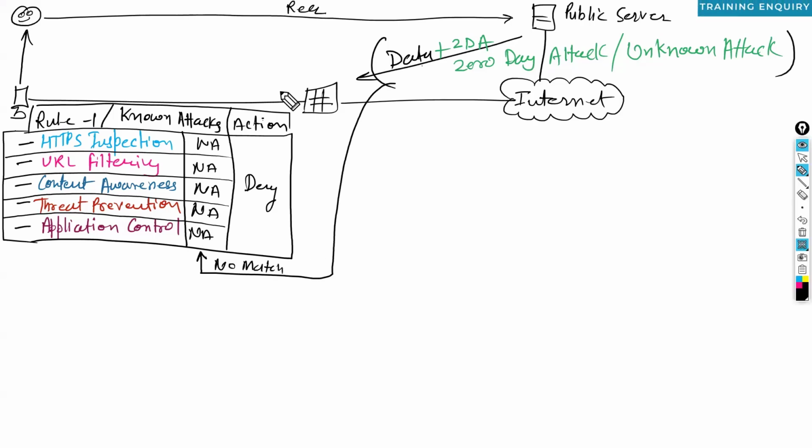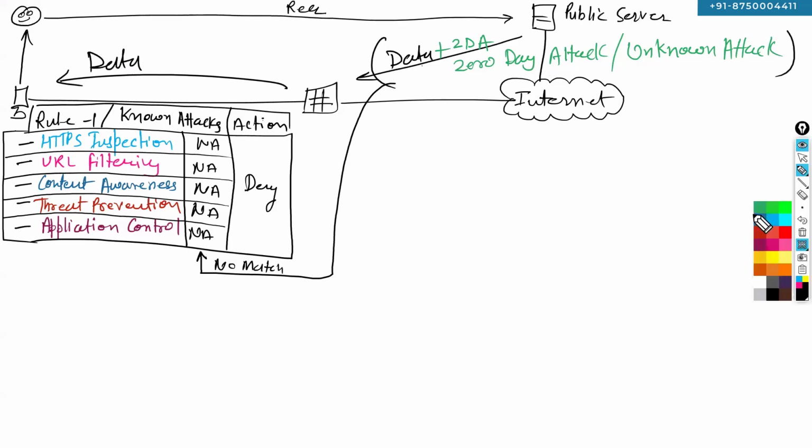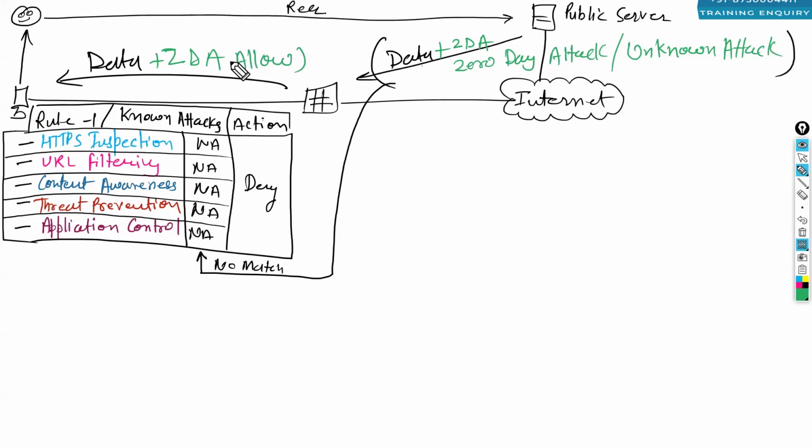When we don't have a matching signature, the data which has the ZDA 0-day attack will be allowed by the firewall. Now you can see that the 0-day attack has bypassed the firewall. It will go to the client and then the client will be compromised.